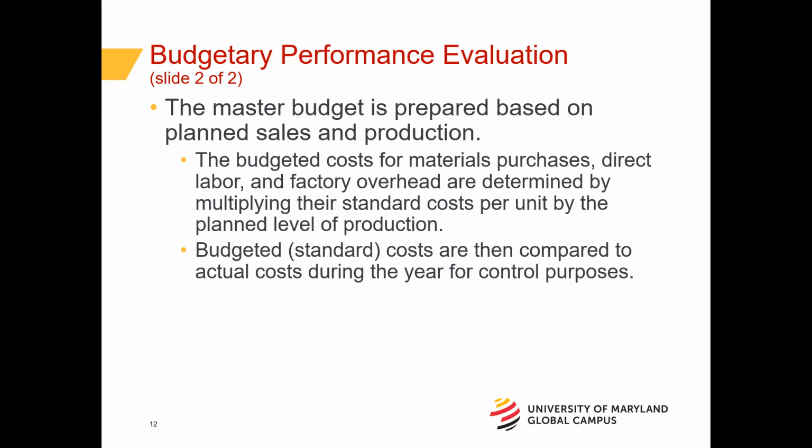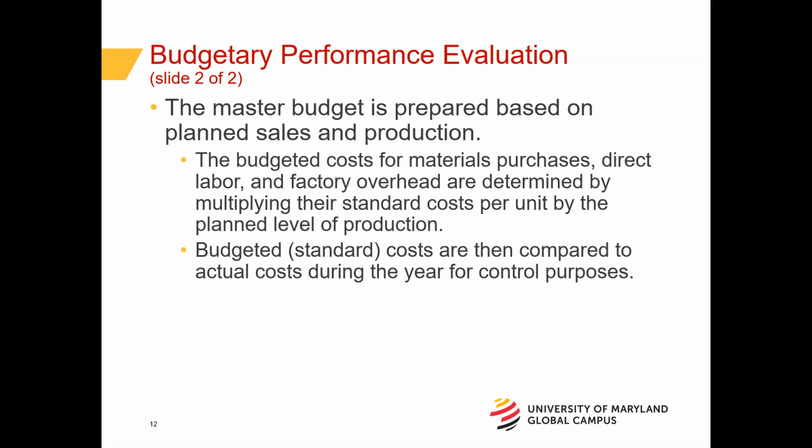The master budget is prepared based on the planned sales and production. As you know, a master budget consists of a bunch of smaller budgets from various departments. Budgeted costs for materials purchases, direct labor, and factory overhead are determined by multiplying their standard cost by the planned level of production.